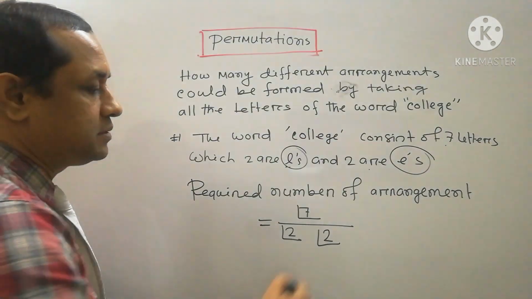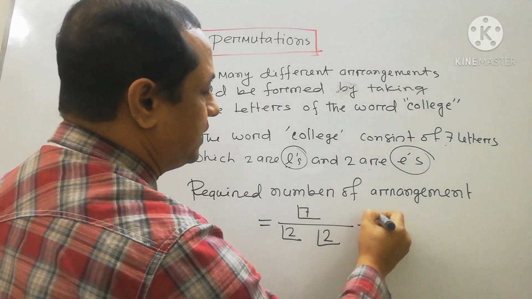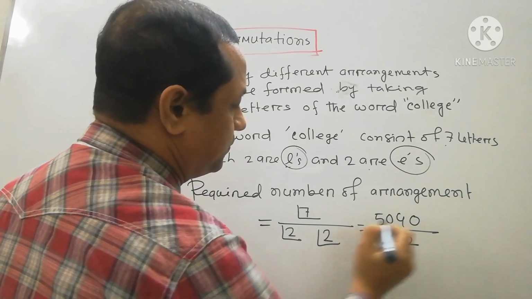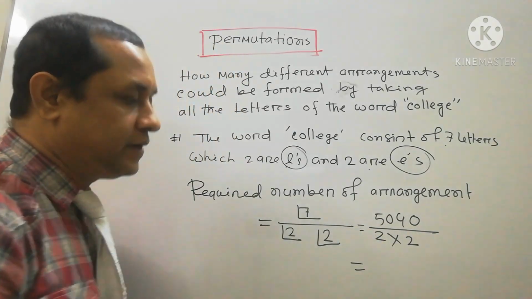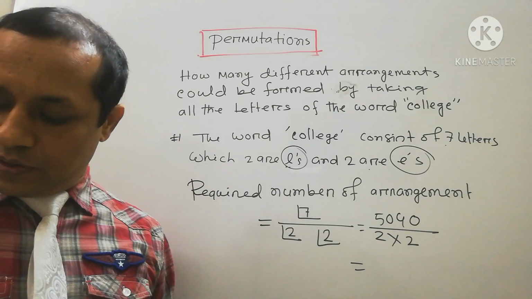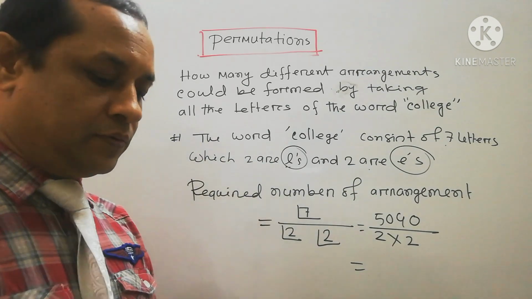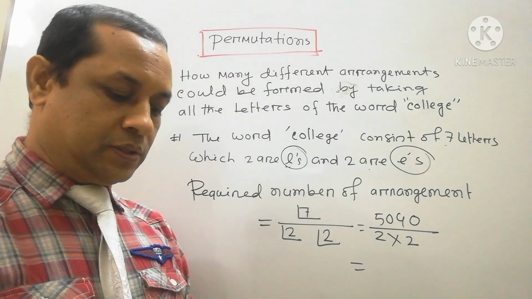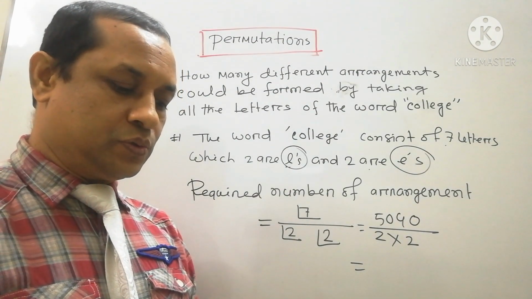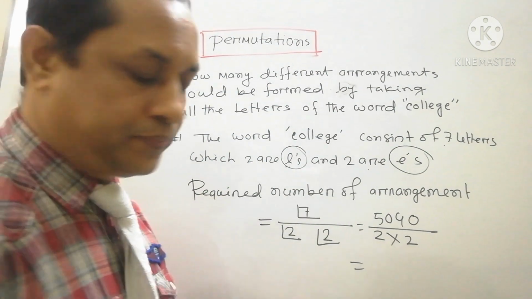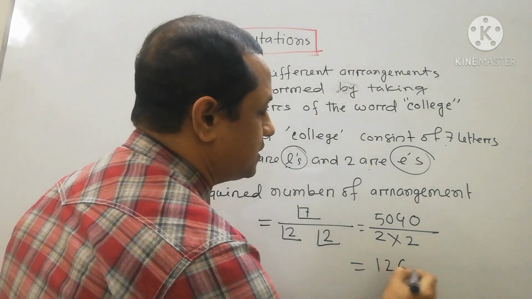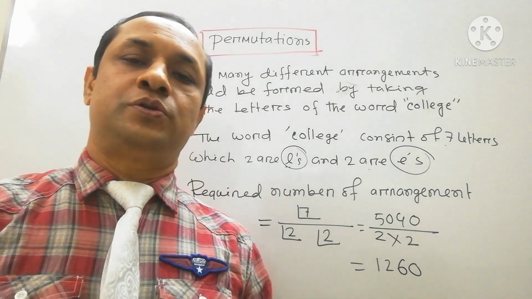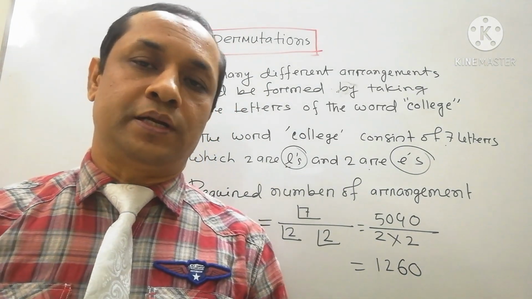Now using a calculator, factorial 7 is 5040, divided by 2 times 2, which is 4, so the result will be 1260. So students, I hope that you are clear.